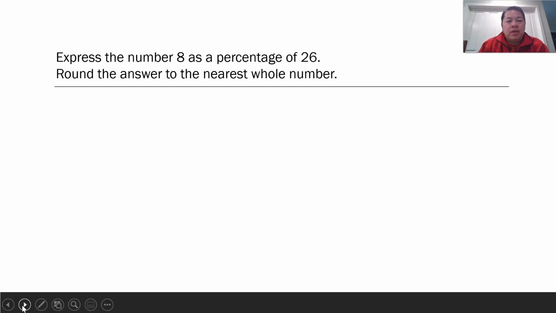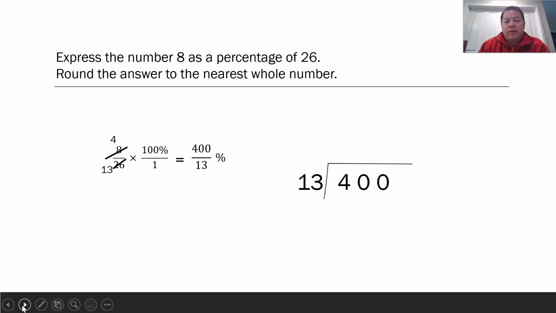Moving on to the next question, express 8 as a percentage of 26, and 26 is the base, and round off the answer to the nearest whole number. So 8 out of 26 times 100%, simplify both of them by dividing by 2. So you actually get 400 over 13%. Then again, 400 divided by 13, you get 30 remainder 10.